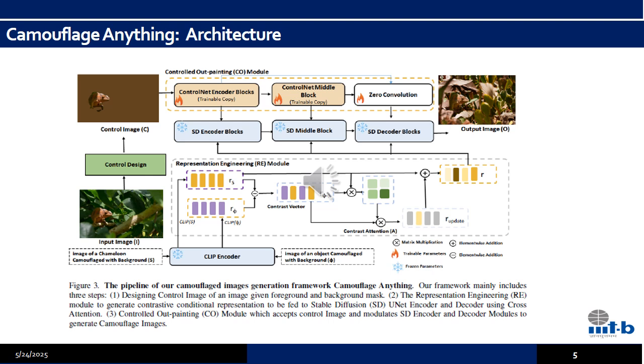The representation module that you see on the right-hand side bottom is used to generate contrastive conditional representation to be fed to the Stable Diffusion UNet decoder and encoder using cross attention. And lastly, we have our controlled outpainting module, which we term the CO module, which accepts the control image and modulates the SD encoder and decoder modules to generate camouflaged images.